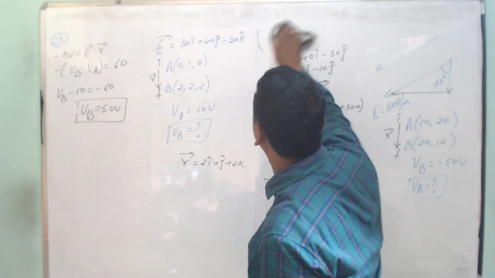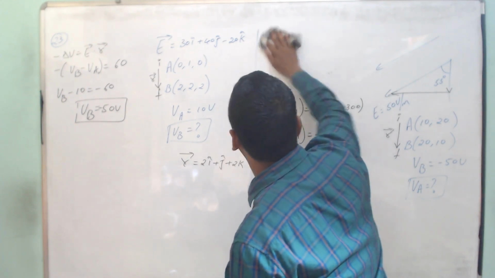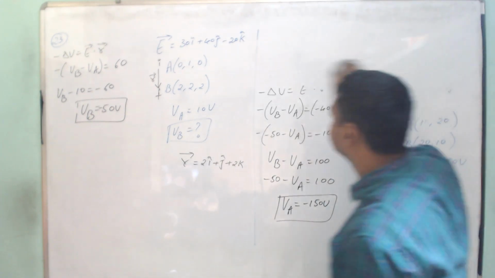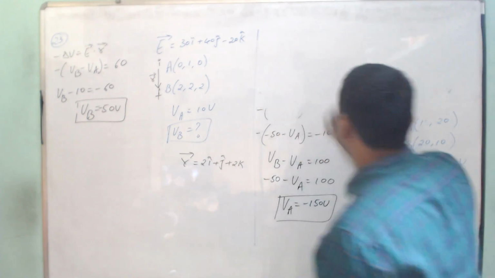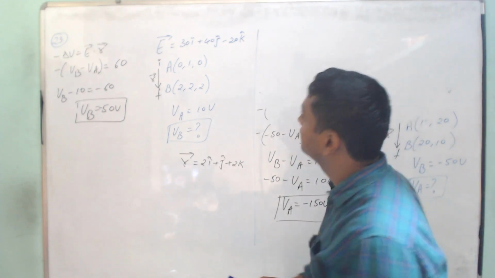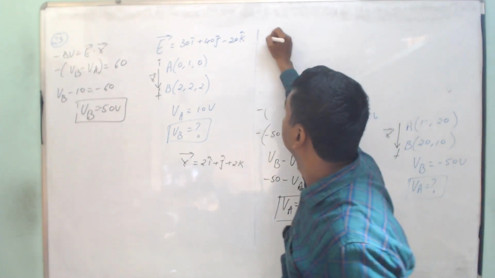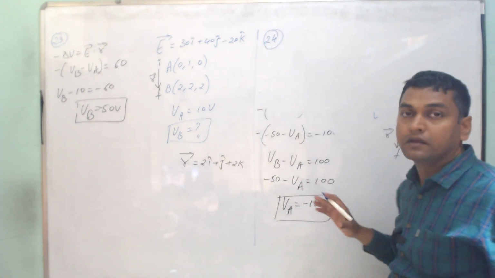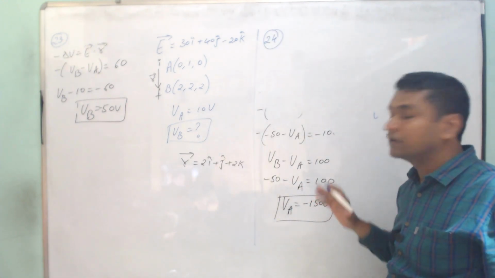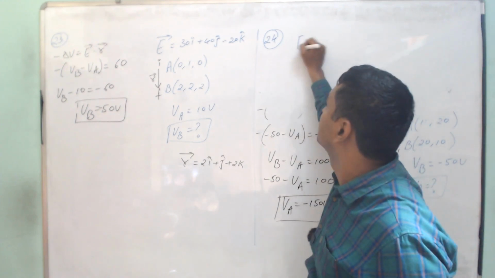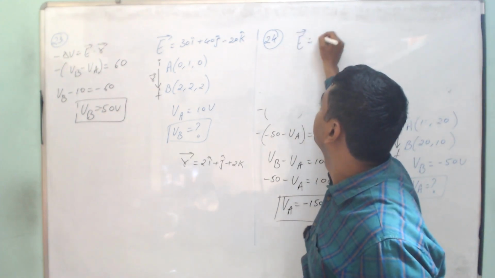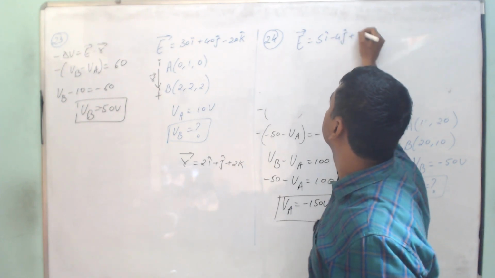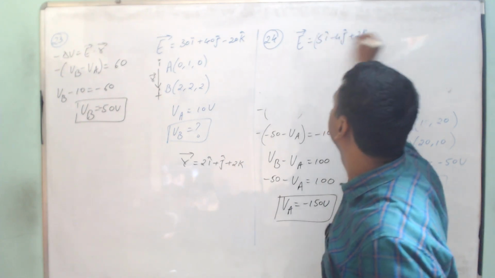Done? Now I will give you a question to solve. Okay? So 24th question. It is given E bar is equal to 5i cap minus 4j cap plus 2k cap volt per meter.